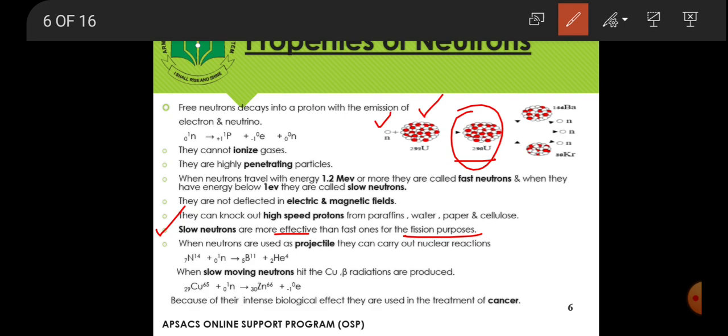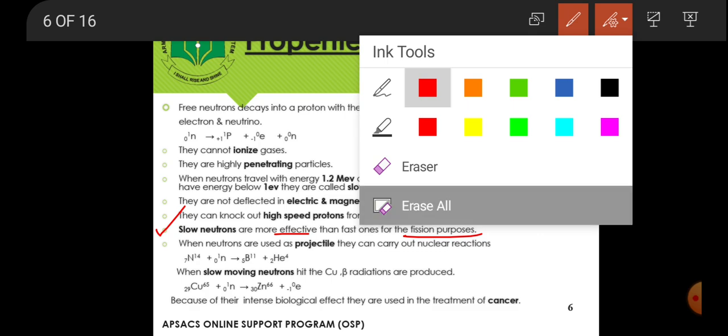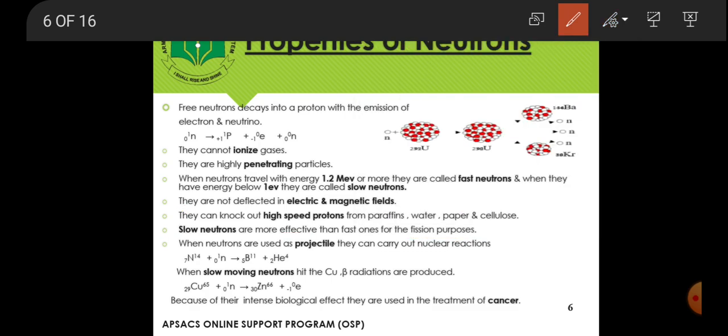This unstable nuclei then produces 2 stable nuclei and 3 neutrons are produced. In this fission process, a large amount of energy is produced. These neutrons can further carry out the same reaction. So these slow neutrons are very effective in the fission process.